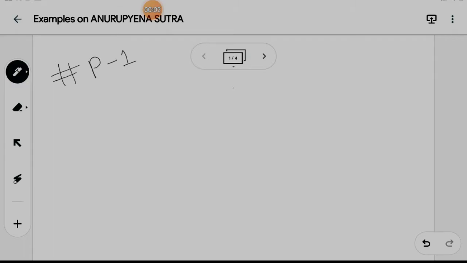Now, let's solve a few problems using Anurupyena Sutra. Problem 1. 5555 divided by 48. This problem, when solved using simple division calculation, might take some time, but when you use the simple rules of Anurupyena Sutra, it can be solved pretty easily.